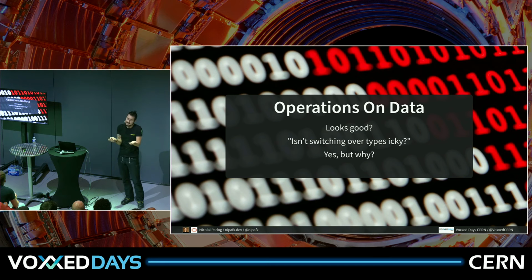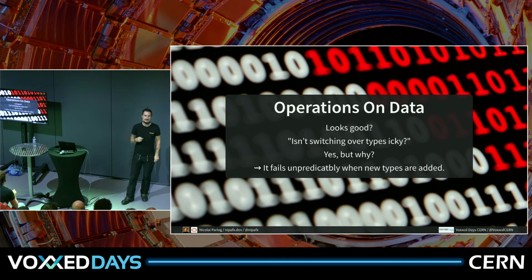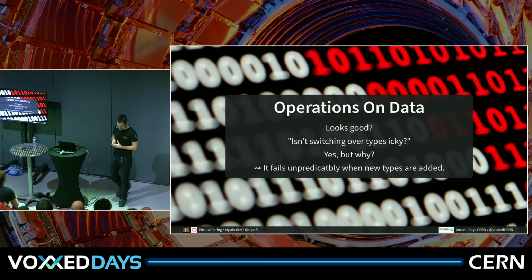You basically have to resort to regex search to find them because there's no good way to find those places. So when new types are added, something happens, but it's not clear what exactly happens. If you're lucky, you find it in code. What did Venkat say yesterday? If you're lucky, it fails on your machine, and if you're unlucky, it fails in production. If you're really unlucky, it fails in production, you cannot reproduce it, something like that, right? All of these cases are on the table here.